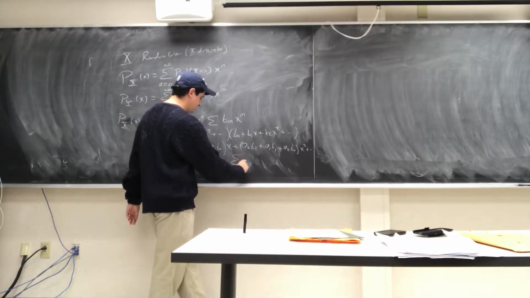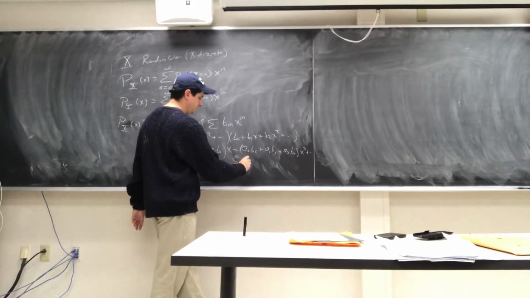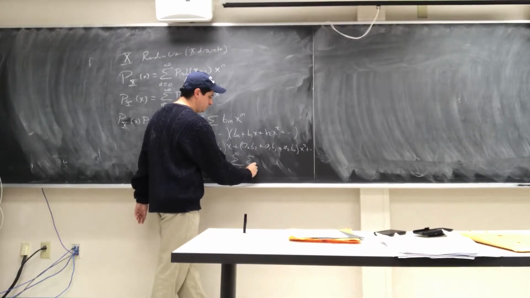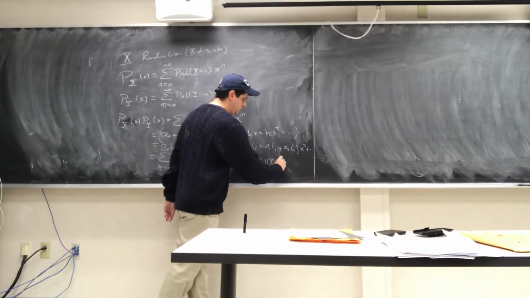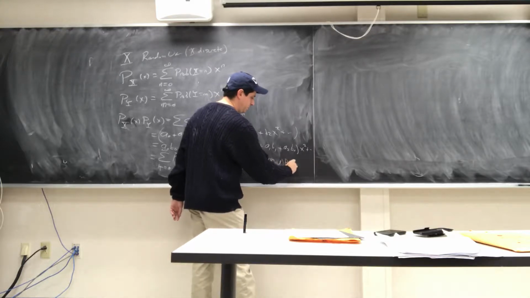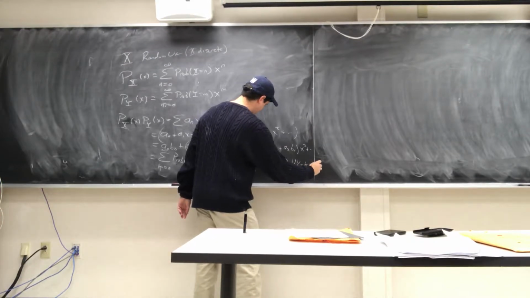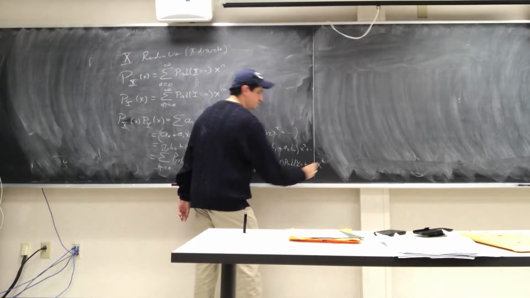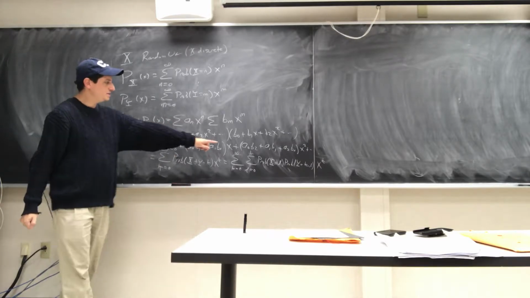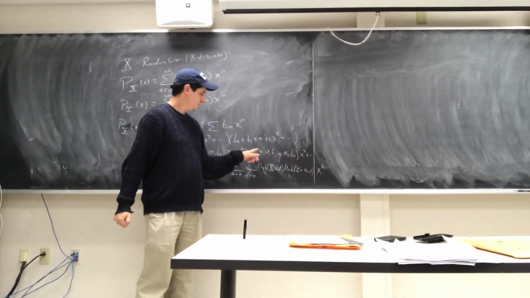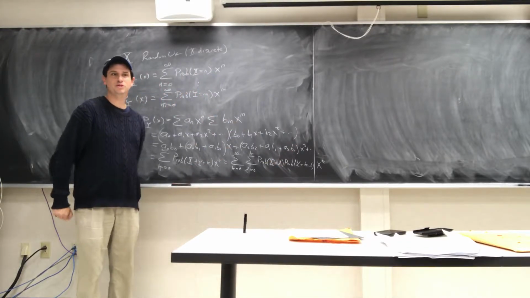And that's the longest sum: the sum k goes from 0 to infinity, the sum L goes from 0 to k, the probability X equals L times the probability Y equals k minus L, times x to the k. It's the convolution. How do I get the x squared term? 0 plus 2, 1 plus 1, 2 plus 0. Oh, that's all the ways X plus Y could equal 2.